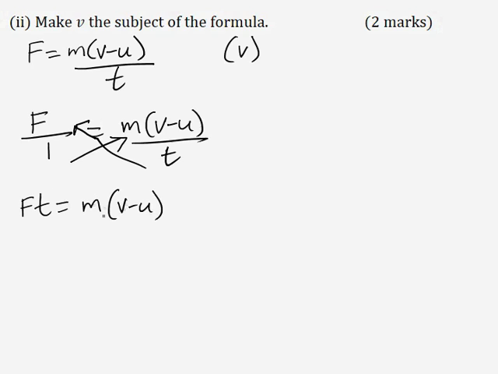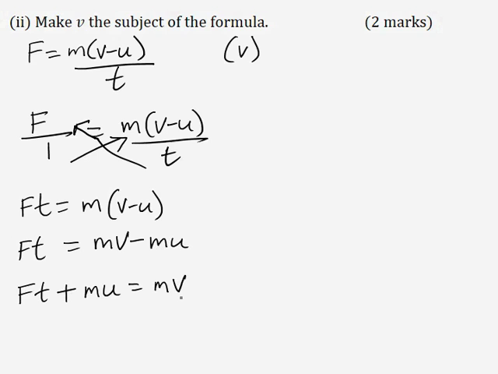Now, I want to expand these brackets here by distributive law, so we could write here that Ft is equal to Mv minus Mu. Now, we want to get V alone, so I want to move to the left hand side here, this minus Mu. So, Ft plus Mu is equal to Mv.